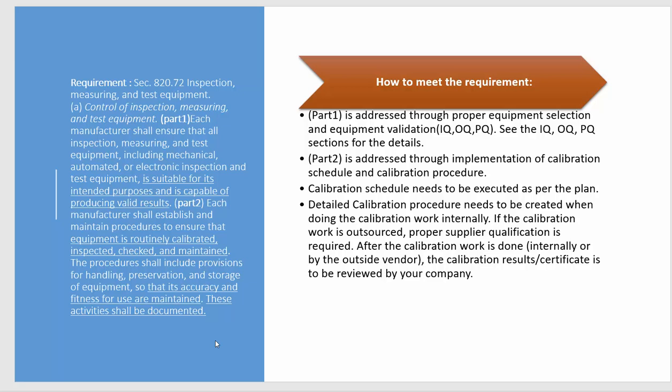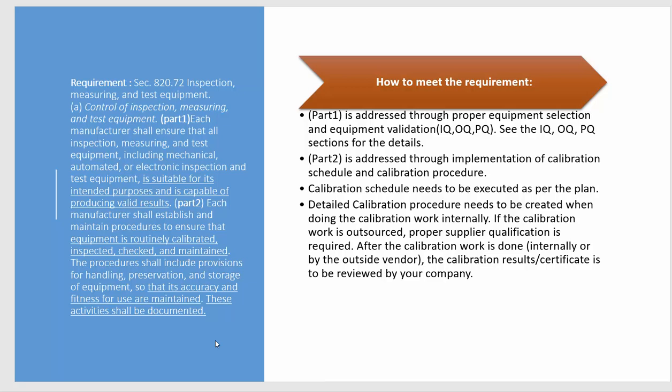IQ is installation qualification, OQ is operational qualification, and PQ is performance qualification. These need to be implemented properly to address the first part, which is the selection, design, construction, and installation of the equipment.